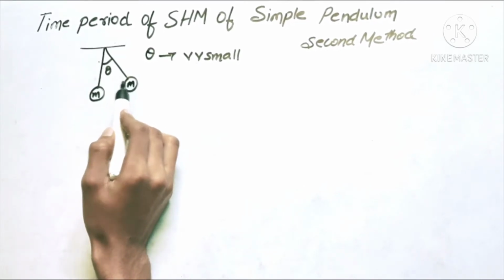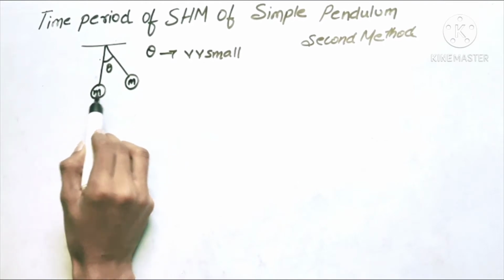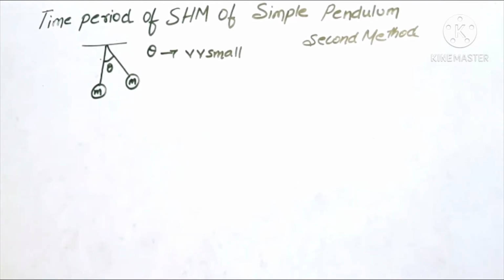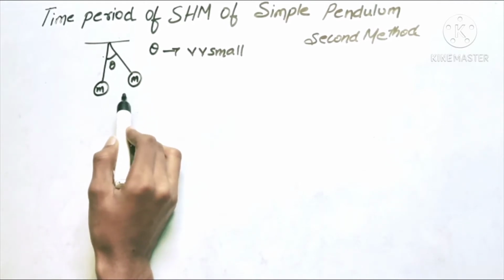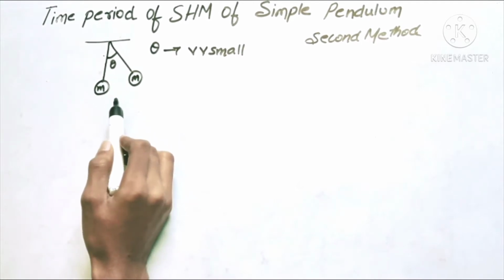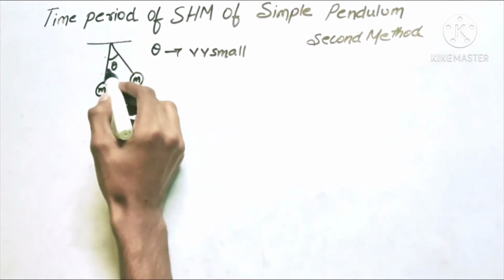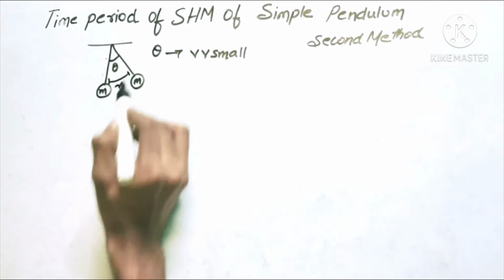So what was responsible for bringing this bob back to its mean position? That was a restoring torque. So there we used the formula of torque, that is I alpha, and we found out. Now we will use the same method, but the only difference is here we will talk about this displacement, that is x.